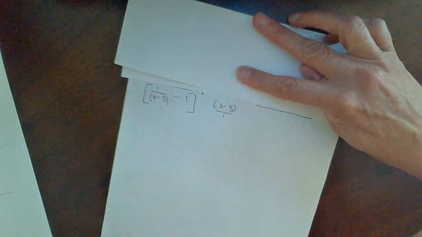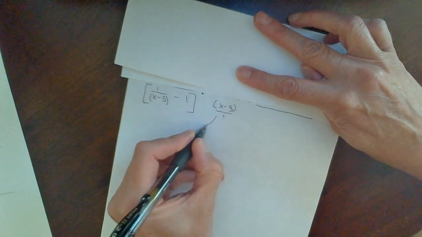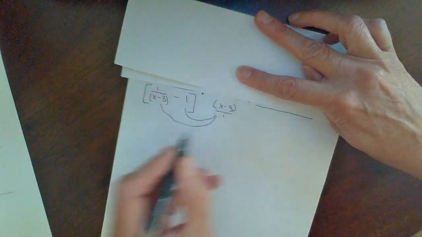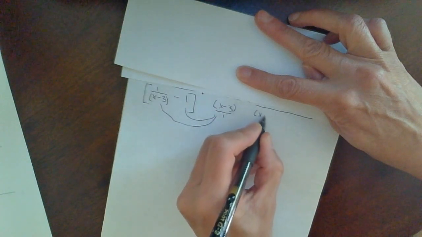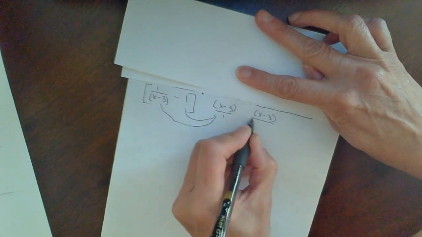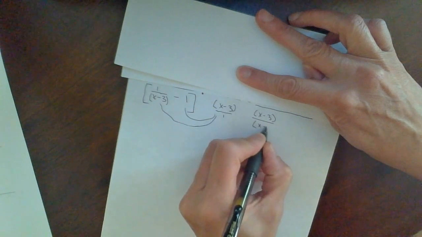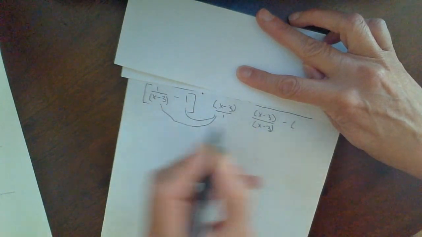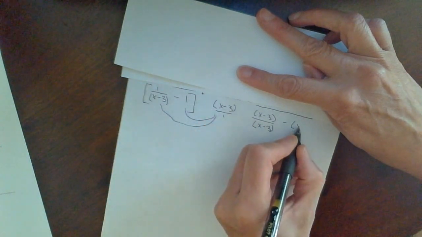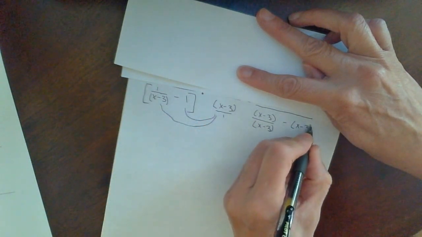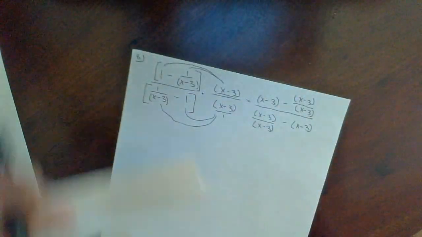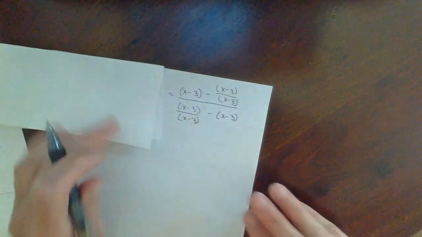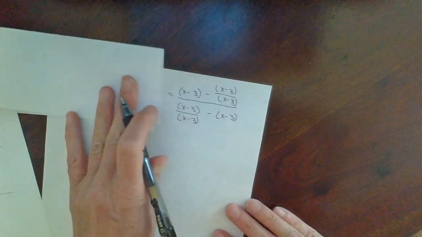Let's write it as x minus 3 over 1 to reduce confusion, show the distribution, and I get x minus 3 over x minus 3 minus 1 times x minus 3, which is just x minus 3. Okay, our new problem looks probably even worse than the old problem, but it's going to look better very soon.